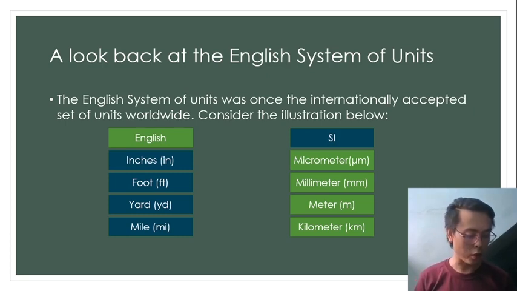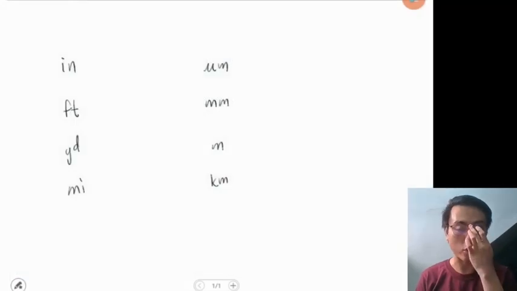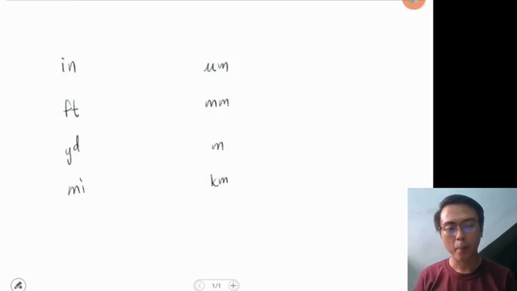So in order for us to see why the English system of units is such a hassle to use, let me give you an illustration. Under the SI system, we are moving in multiples of 1,000. So it's very easy for us to convert. For example, from micrometers to millimeters, we can use the conversion factor: 1 millimeter is 1,000 micrometers.